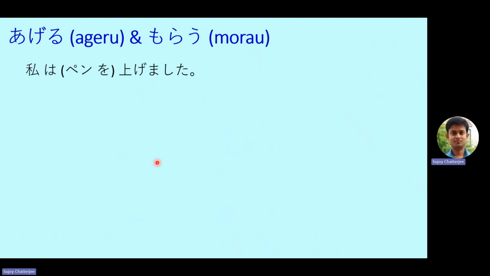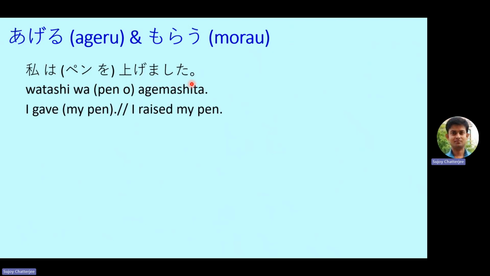As you can see here, watashi wa pen o agemashita. This is a very good example. Since this kanji character means to raise something, I can say very well, I raised my pen. There is nothing in this sentence which could give an indication that I was not raising my pen, but giving my pen.